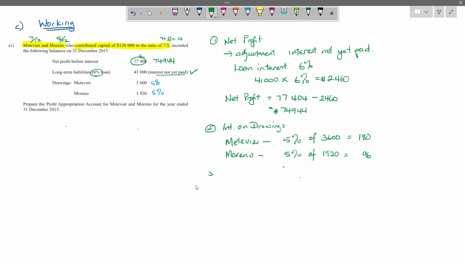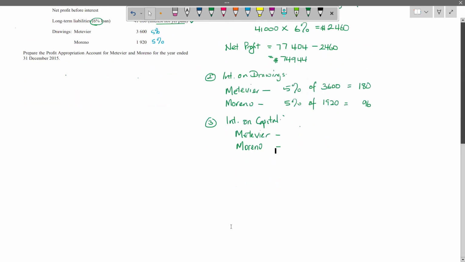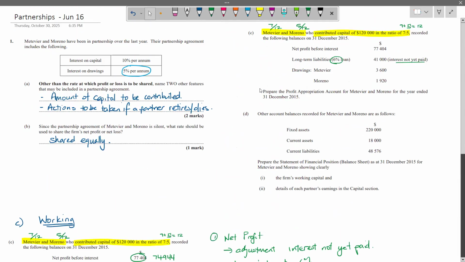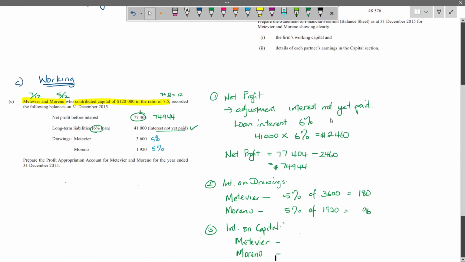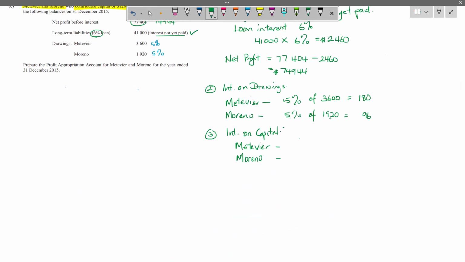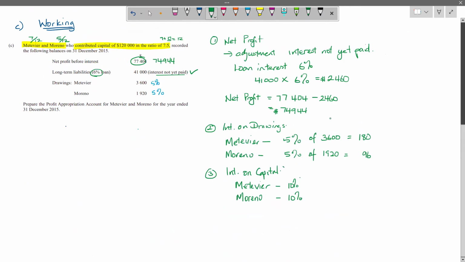Next, we need to talk about things like interest on capital. They give us interest on capital at 10% per annum. And remember, they mentioned here that capital was contributed 120,000 in the ratio of 7 to 5.